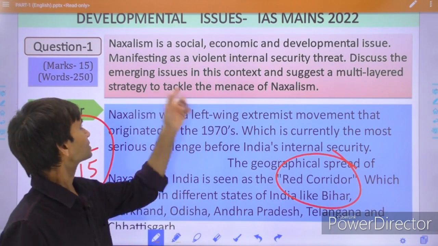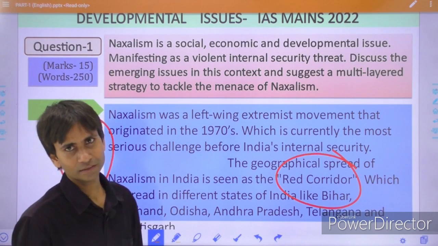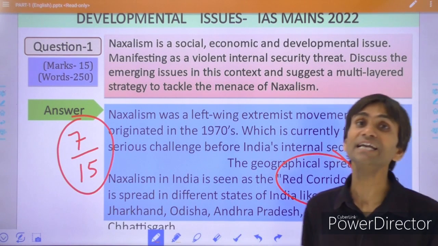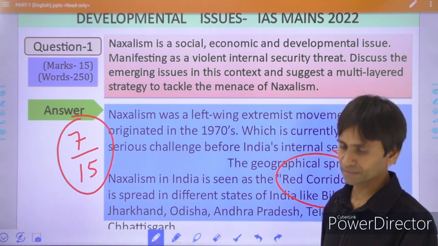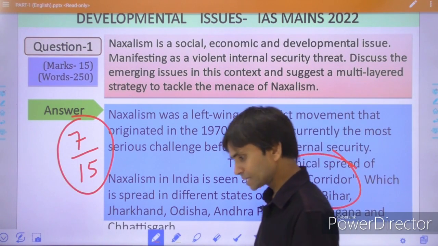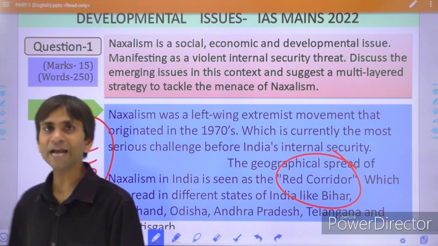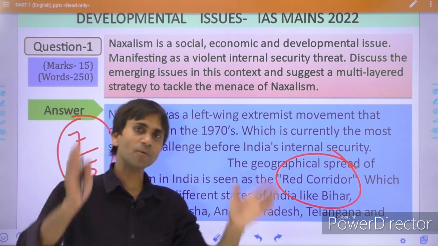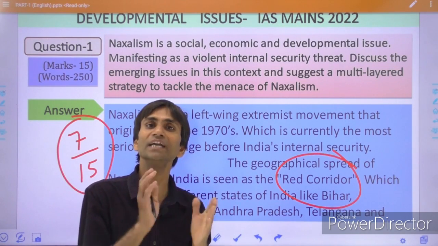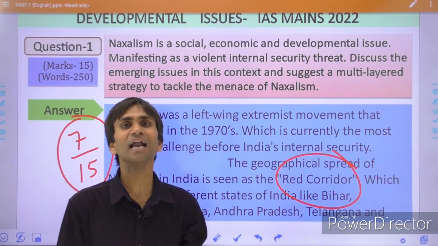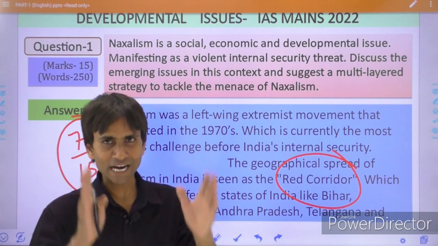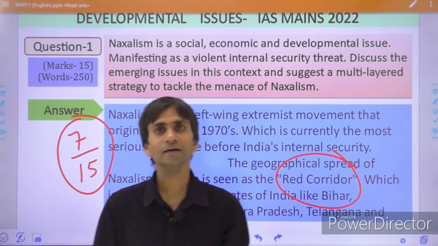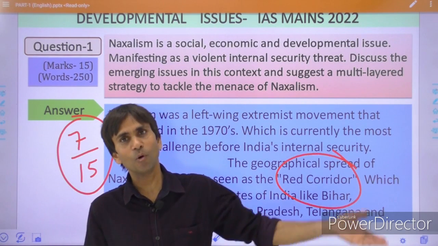And next, discuss the emerging issues in this context. Many issues have emerged in recent times with Naxalism. It has been studied or analyzed that anti-nation powers or external states are supporting the Naxalite movement of India, and there is a class of intellectuals residing in India or outside the country who are also providing ideological support.